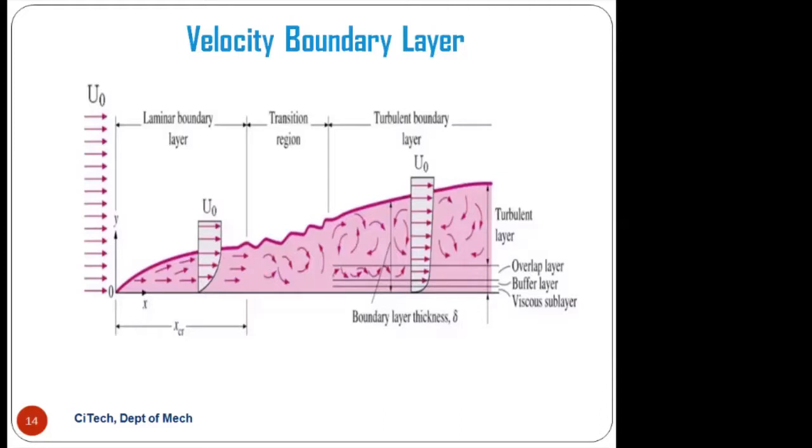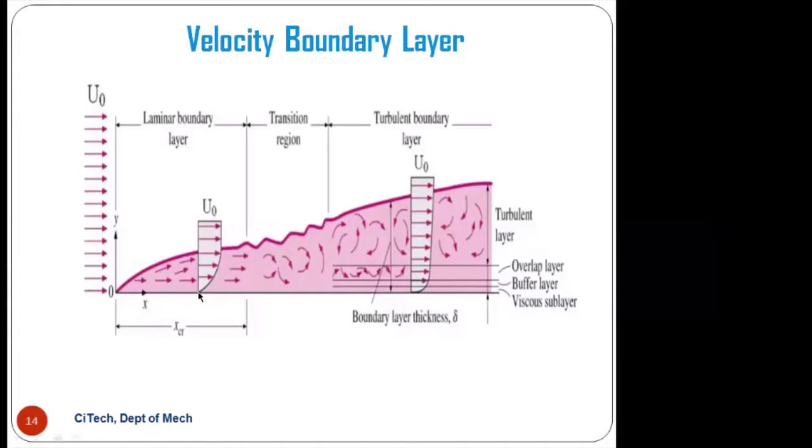That is why the velocity boundary layer in turbulent flow is bigger than in laminar flow, because the velocity of the flow increases in turbulent flow. So this is the velocity boundary layer concept.